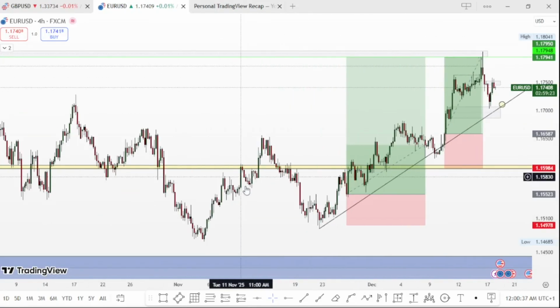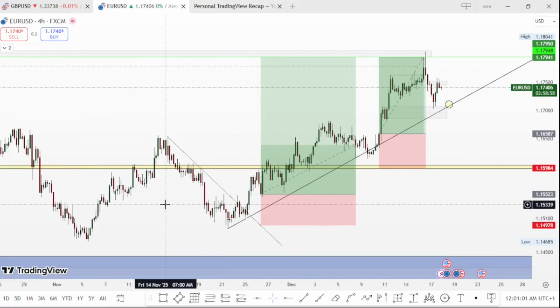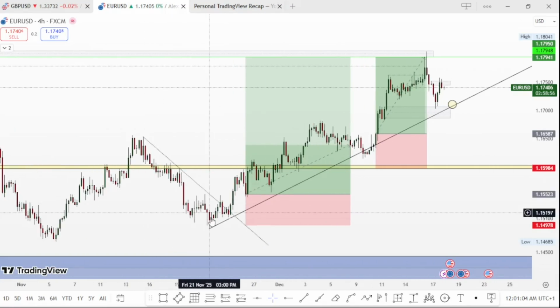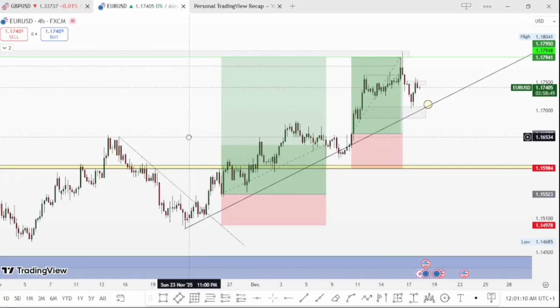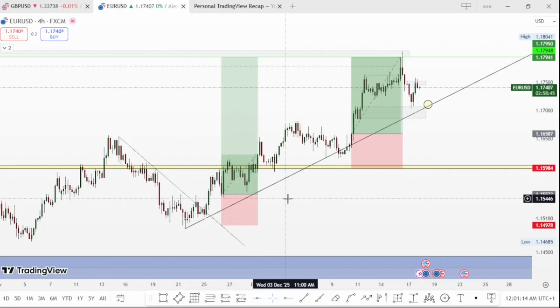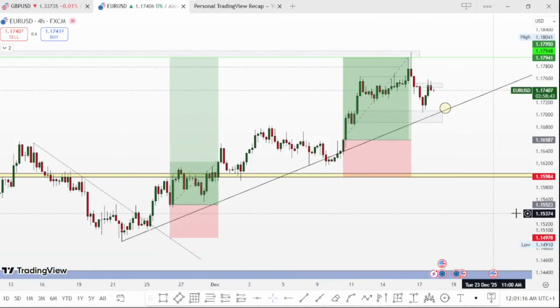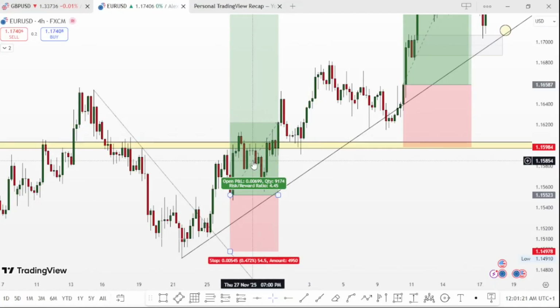I caught my first entry here, waiting for the counter trend line break, which happened eventually. Then I hopped in somewhere around here and held this guy to this TP, first entry. Then I hopped in here as well, but entered late. I was having some issues entering on this guy. I actually wanted price to pull back a little bit, but price didn't do that.